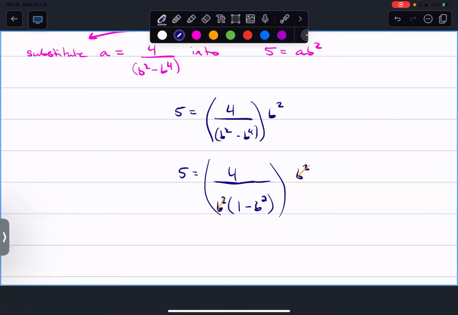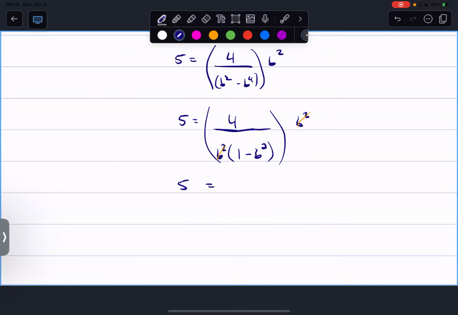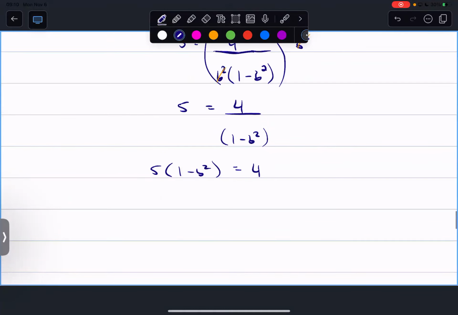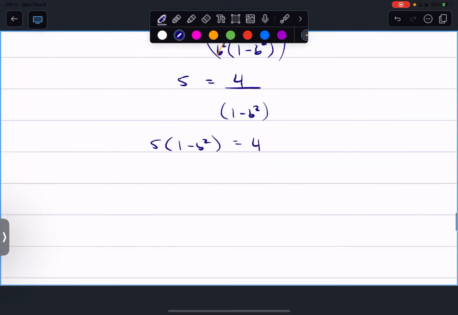Okay, let's just write this out again so it looks a little bit nicer. 5 is 4 divided by 1 minus b squared. Solving for b, you're going to multiply 1 minus b squared over to the left-hand side, so you get 5 times 1 minus b squared is 4. Now this 5 you're allowed to distribute because we're trying to shake out the b. So 5 minus 5b squared is 4.